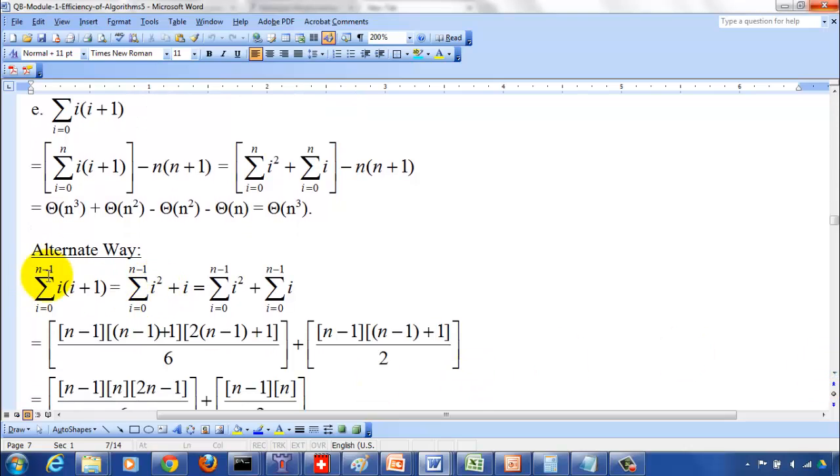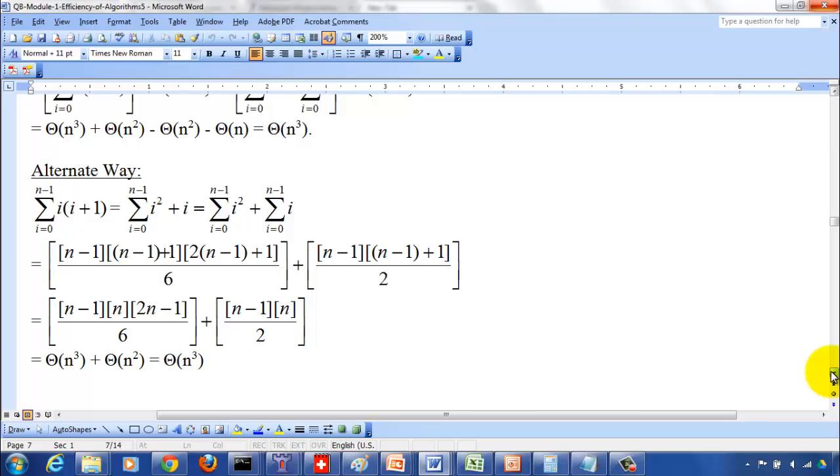So sigma i equals 0 to n minus 1 of i squared plus sigma i equals 0 to n minus 1 of i. If I apply the formulas, for i squared it's going to be n times n plus 1 times 2n plus 1 divided by 6. Either way, if you substitute all the n terms instead of n minus 1 and solve for it, you will get this. The first summation is theta of n cubed, and this is theta of n squared. So the whole thing is still theta of n cubed.